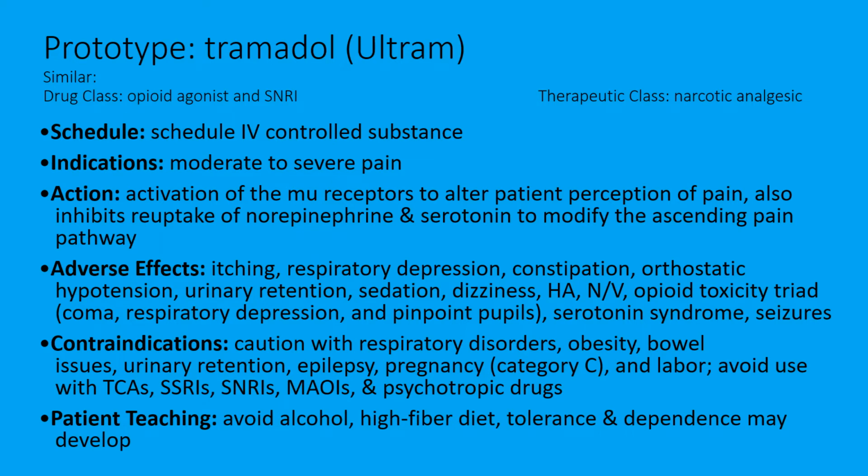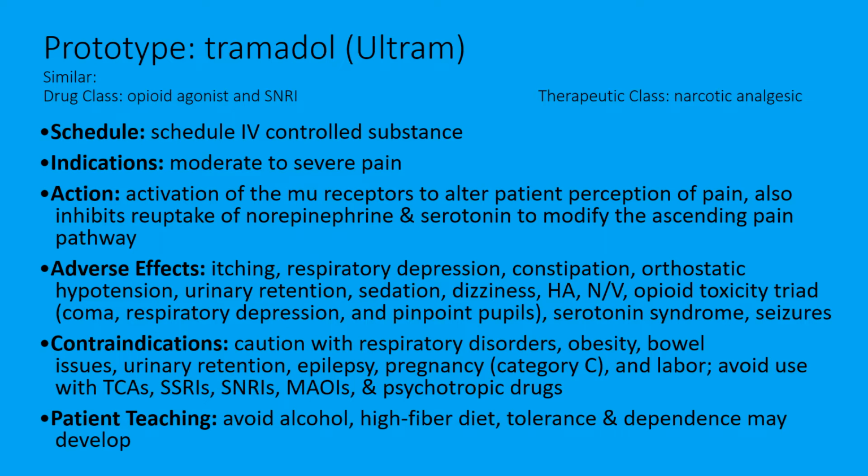So it acts as an opioid analgesic for pain, but it also acts basically as an antidepressant. It inhibits the reuptake of norepinephrine and serotonin, and that's what antidepressants do. So it's a bit of a messy drug. It's an opioid agonist, and it's a bit of an antidepressant, and so this mixture gives it all kinds of weird side effects. So a lot of us don't use it very frequently.